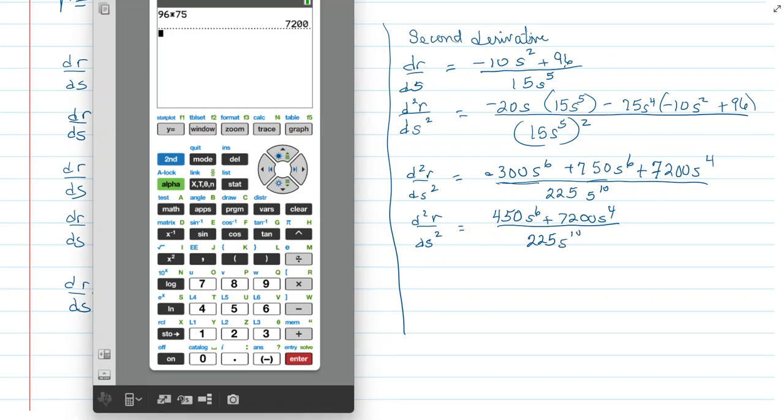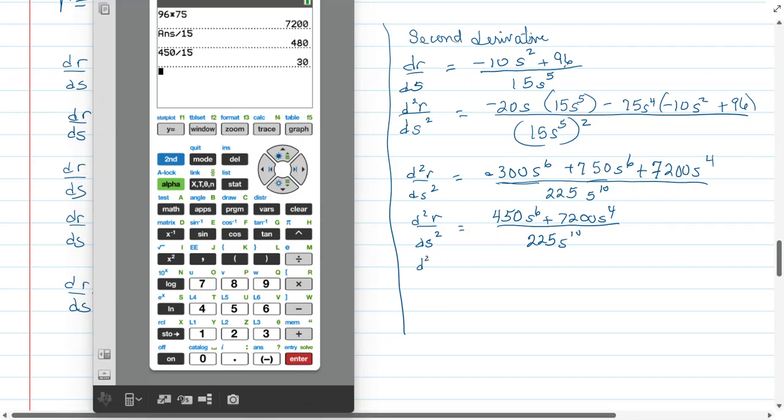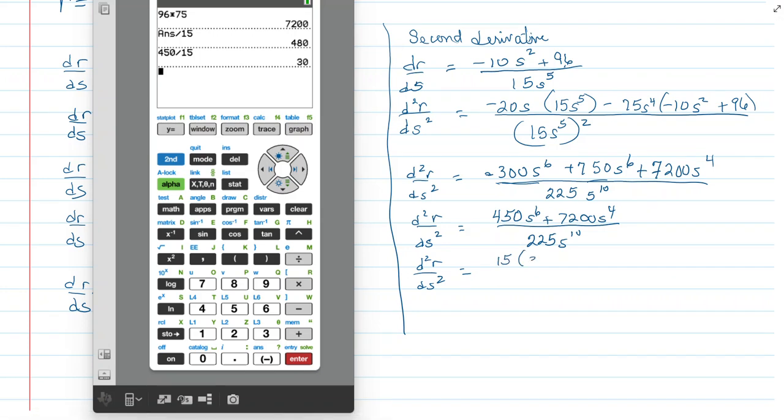Okay, is that divisible by 15? Okay, so we can do a 15. Yes, okay. And we'll probably be able to do a little bit more. Okay, so I'm going to do S to the 4. Oh, sorry.